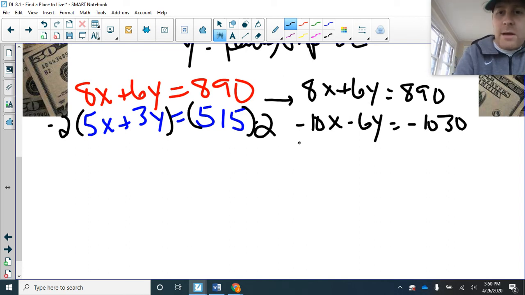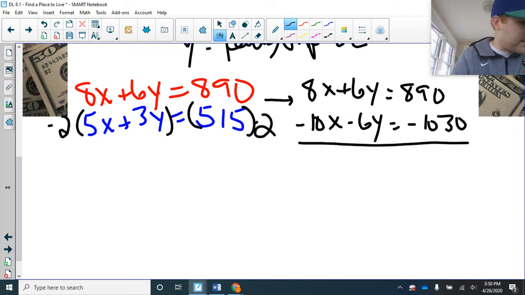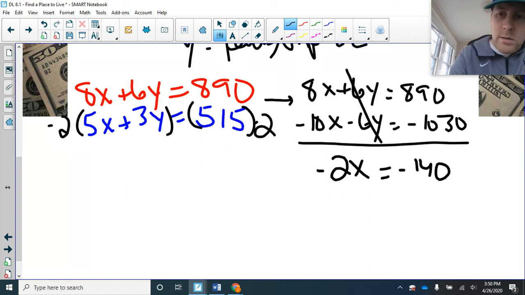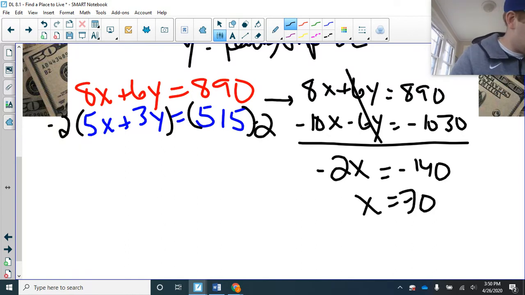Let's go ahead and add the equations together. 8x minus 10x is -2x. 6y minus 6y is 0. And then 890 minus 1030 gives me -140. We're going to divide both sides by -2, and x is 70.